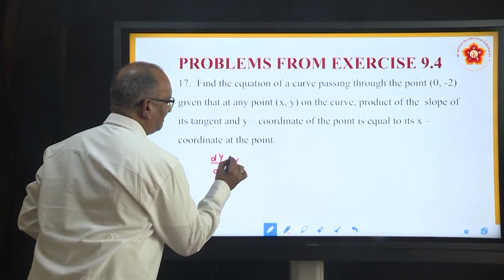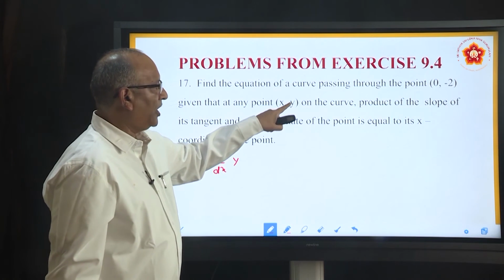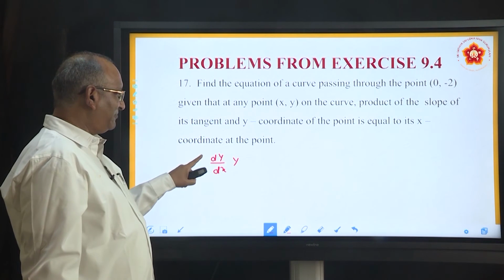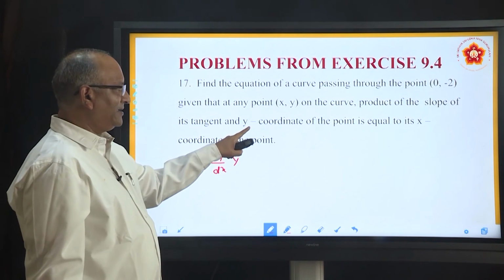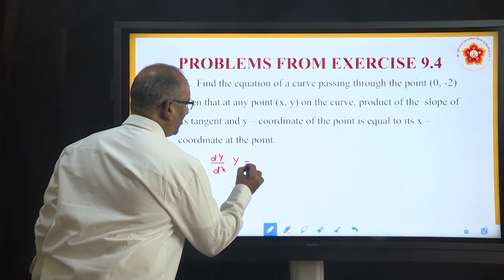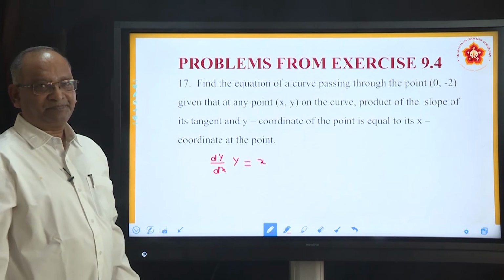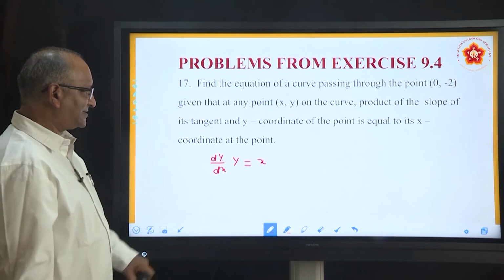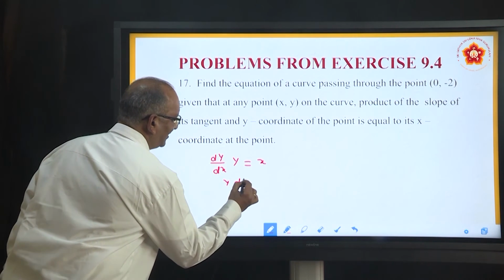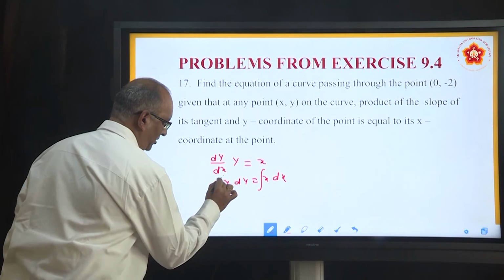It is y. The product, dy by dx into y of the point, is equal to its x coordinate. So simple. So take dx that side so that variables will get separated and you have y dy equal to x dx. Integrate because they got separated.